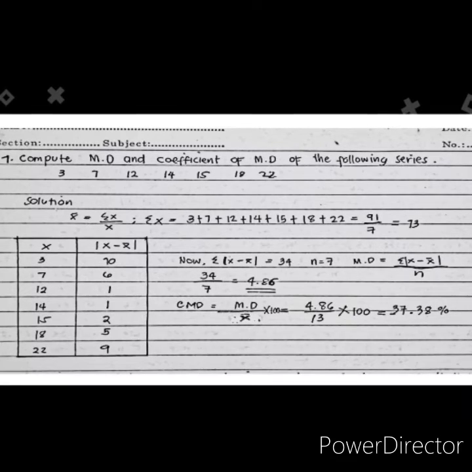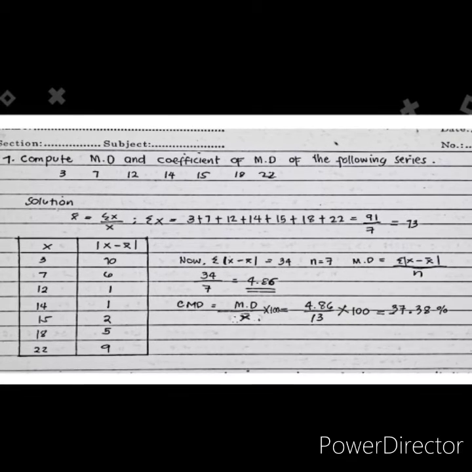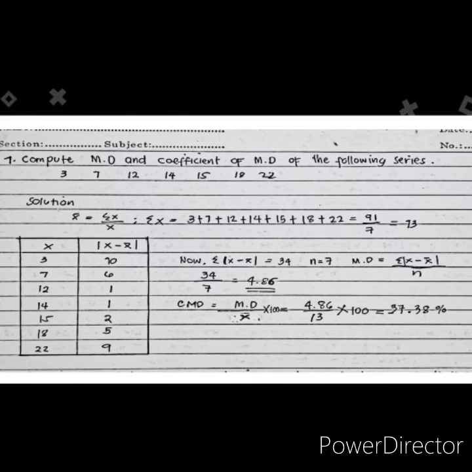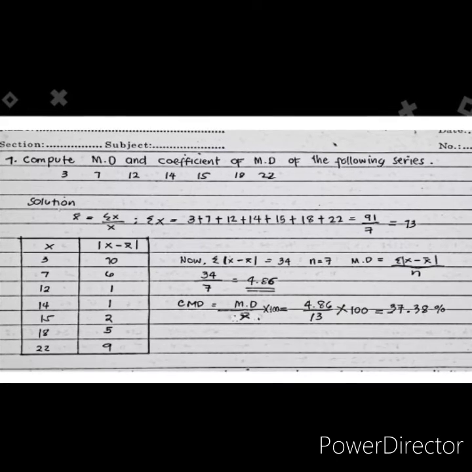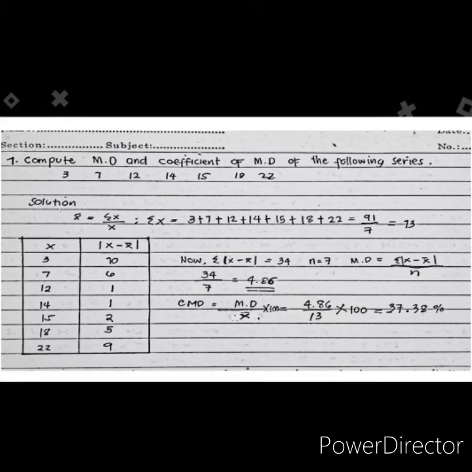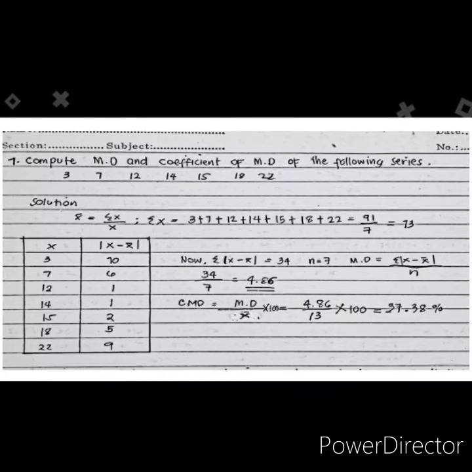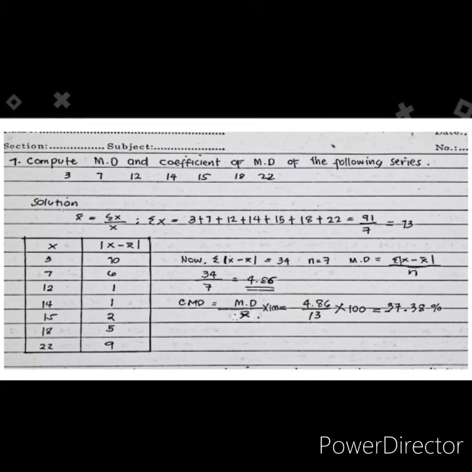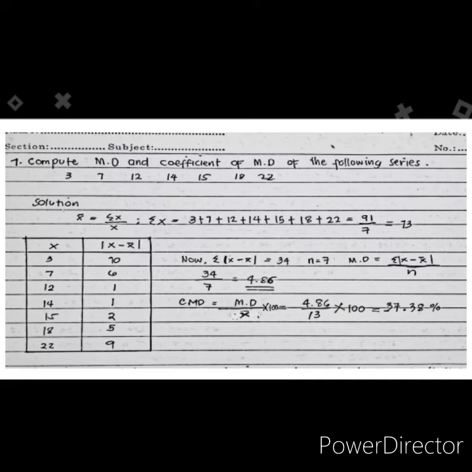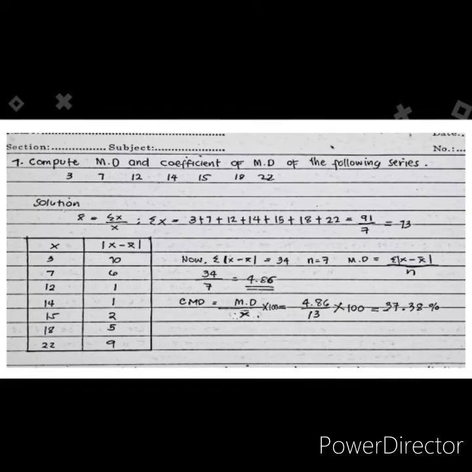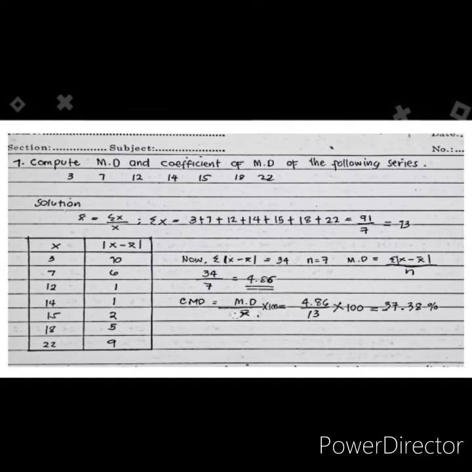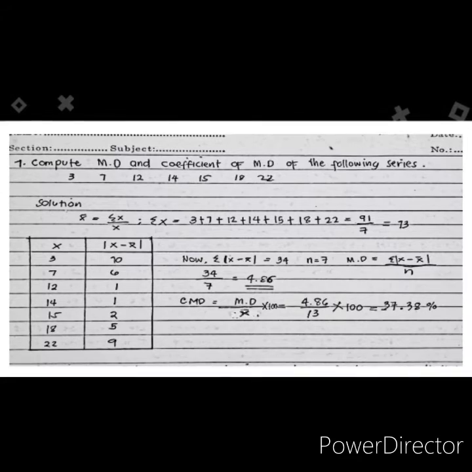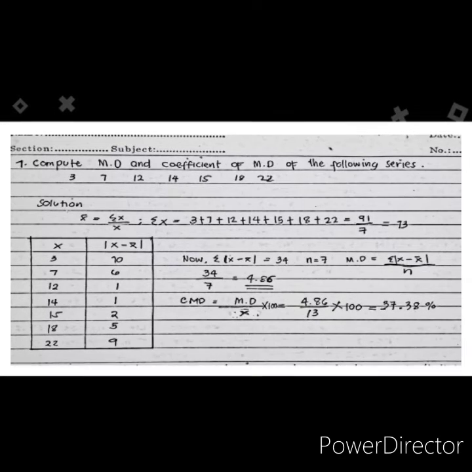So now, as you can see on the data, we find the absolute value of x minus the mean. So now we have the summation of absolute x minus mean is equal to 34. The number is 7, and for the mean deviation, as you can see in the formula, we substitute. So we have 34 over 7, and the answer is 4.86.